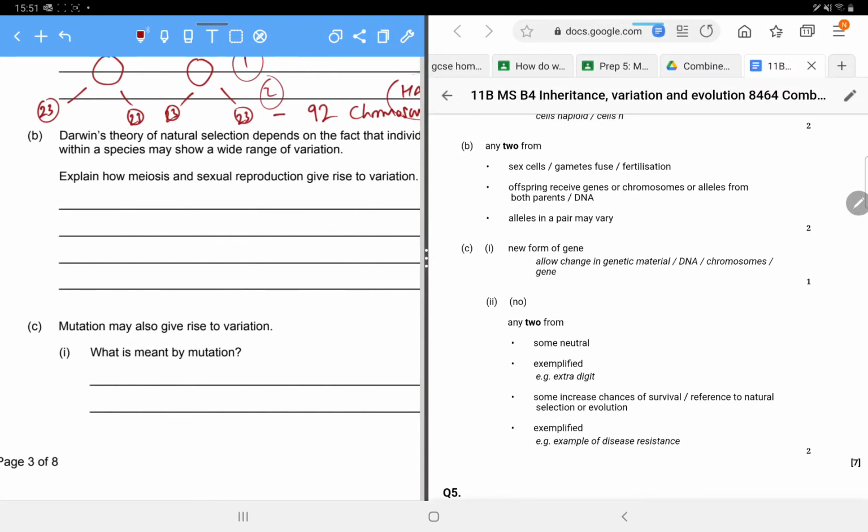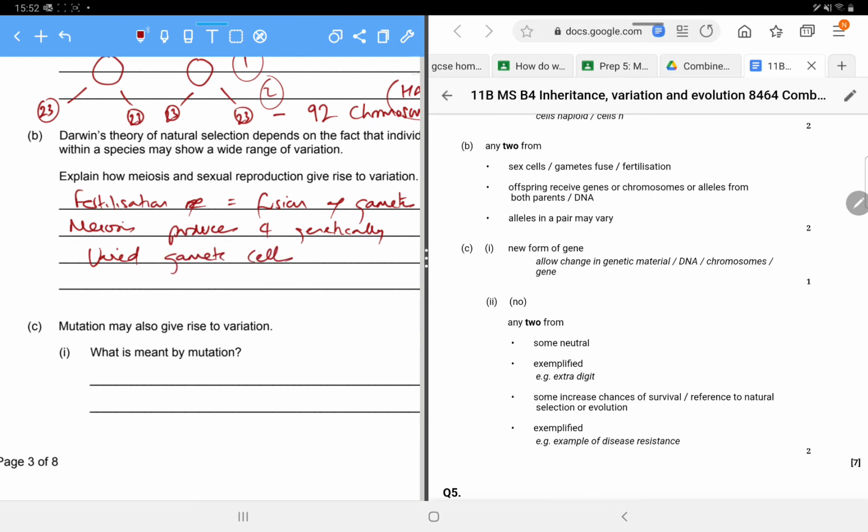Fertilization is the fusion of gametes. Fusion, keyword, of gametes, and meiosis produces 4 genetically varied gamete cells.